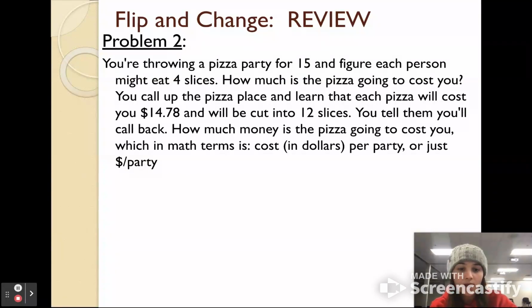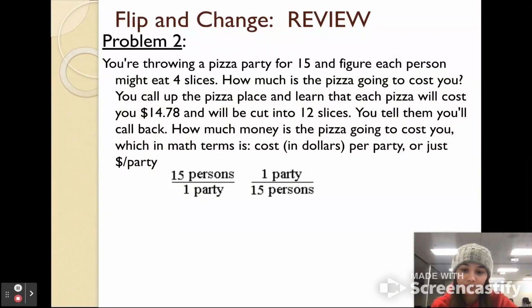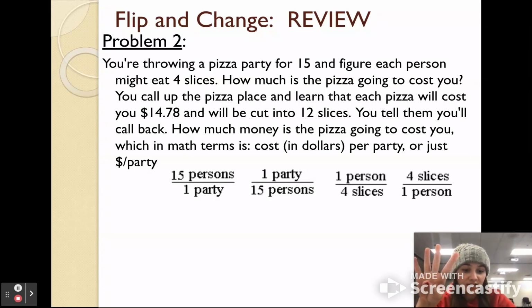That's something I know. Now, my unknown is how many dollars per party that I'm going to have to spend, right? So, I also know that there's 15 people that are going to be at one party. That's important. And each person, if I have one person, eats 4 slices of pizza. So those are the 2 ways to write that.